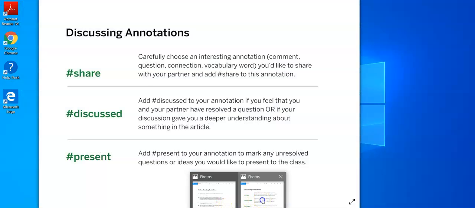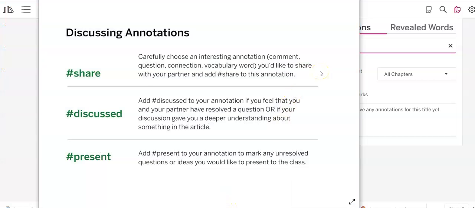Okay? So really fast, let me go over a few more things. We went over the guidelines. Discussing annotations: I gave you a few already, so you could use discussion, questions, summary, hashtag share is another one, hashtag discussed. Maybe if you had the chance to Zoom or talk with a fellow classmate and you did discuss it, you could put discussed and maybe put that in the comments.